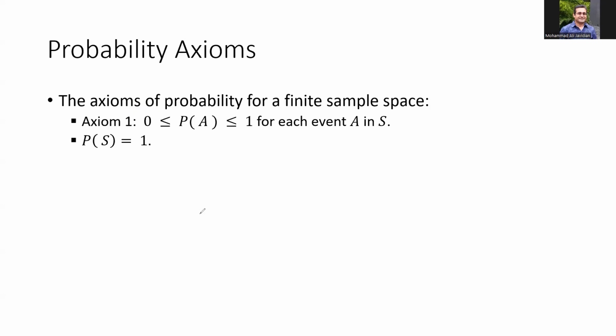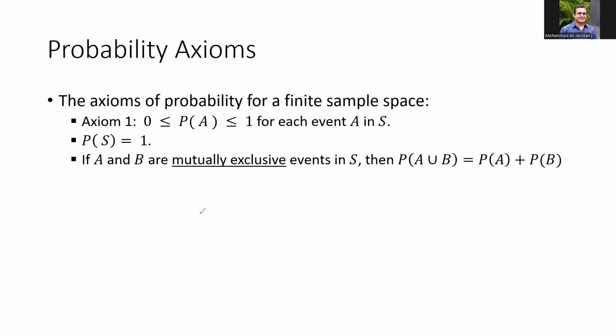The probability of the entire sample space is 1. And if you have 2 mutually exclusive events in the sample space S, then the probability of A union B equals the probability of A plus the probability of B.